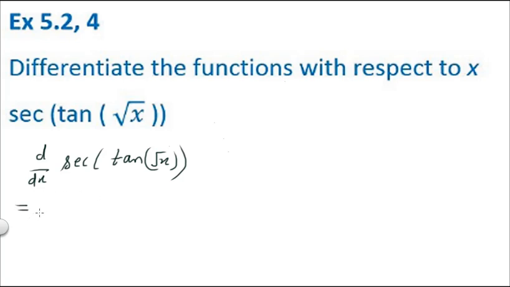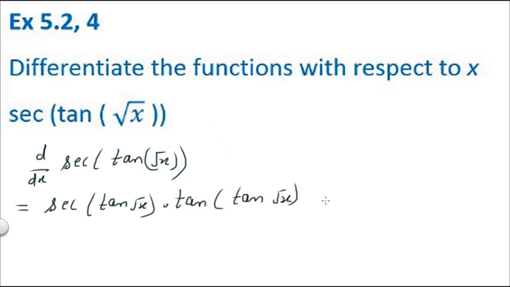So you know very well that differentiation of secant x is secant x into tan x. So we will write secant, instead of x what do we have? Tan root x. Secant x into tan x. Then we will differentiate.